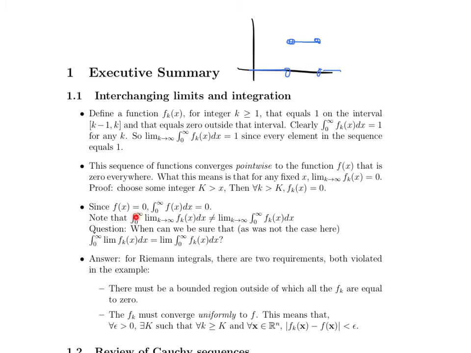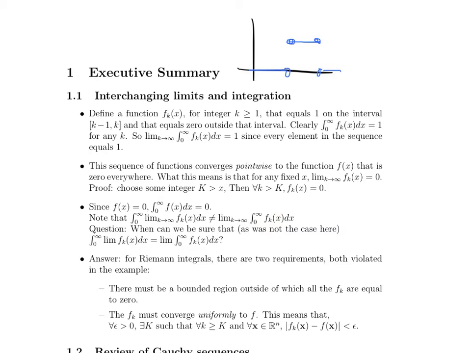On this left-hand side of that equality, we are taking the integral of the 0 function. But on the right-hand side of that non-equality, what we're doing is we're taking the limit as k goes to infinity of an infinite sequence of 1s. So that left-hand side evaluates to 0, that right-hand side evaluates to 1.